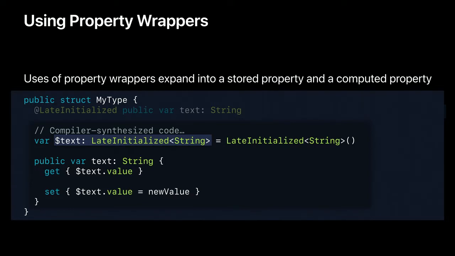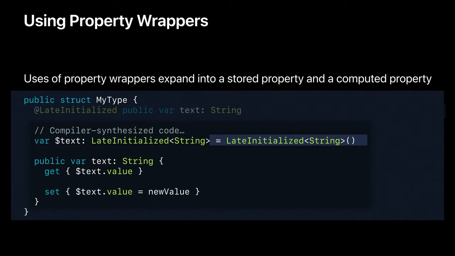So now we have a late initialized string. That's providing the storage. It's going to be initialized implicitly by the compiler by calling that no parameter initializer that we just talked about. Because it's there, now we get implicit initialization. And late initialize is free to do whatever it wants. As you might recall, it set the storage to nil.